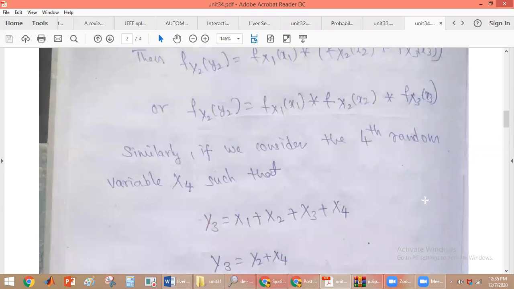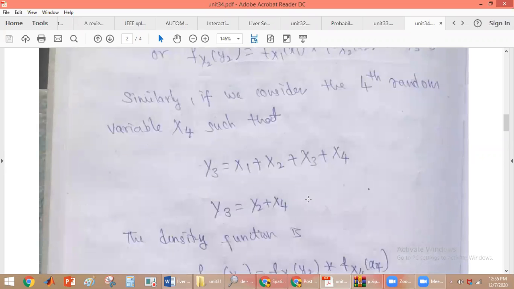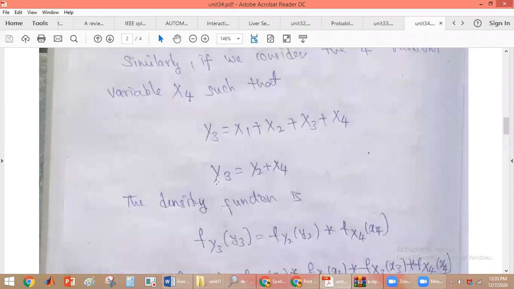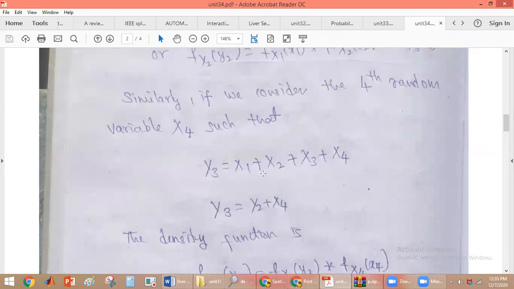Similarly, now we consider four random variables. Y3 can be written as x1 plus x2 plus x3 plus x4. We have just discussed y2, which is x1 plus x2 plus x3.